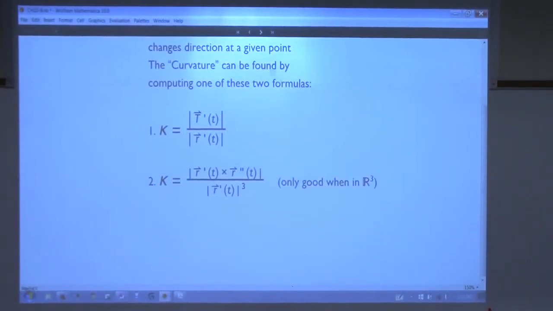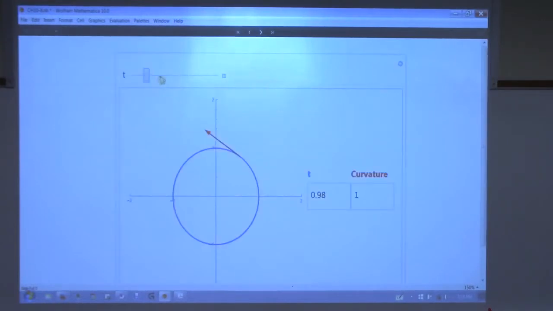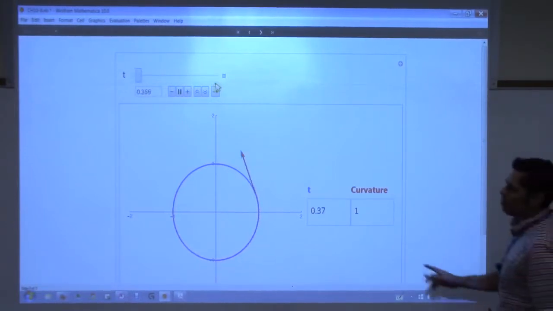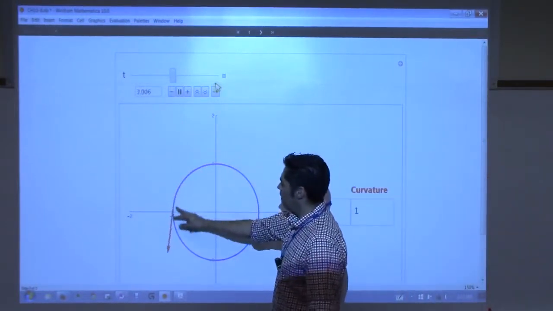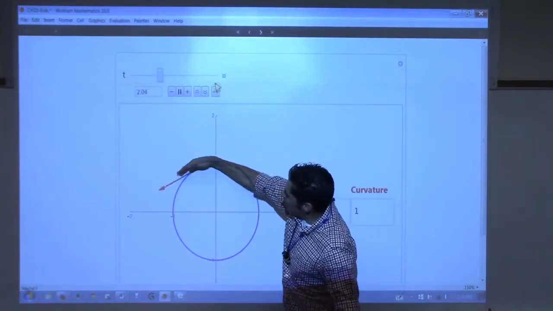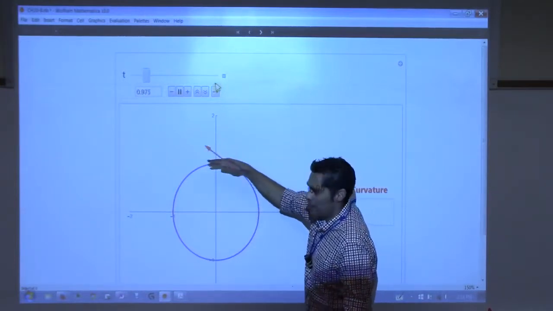Now, I want to show you a picture of what's going on. Look at this one. I'm going to press play here. There it is. I want you to notice if you're moving along this curve, which is a unit circle, then the curvature, we're measuring at any single point its tendency to want to turn, right?